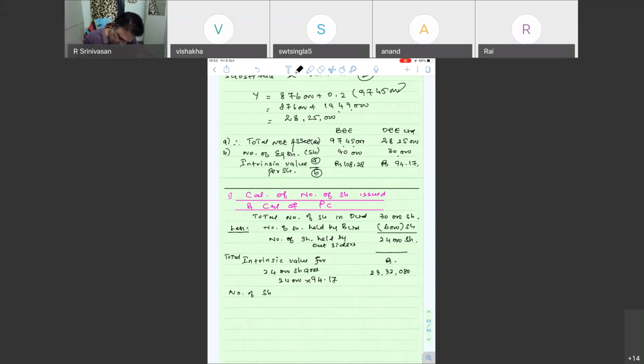Number of shares issued by B Limited based on intrinsic value. What will come here?